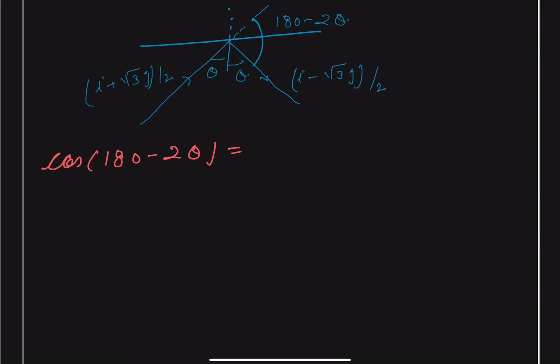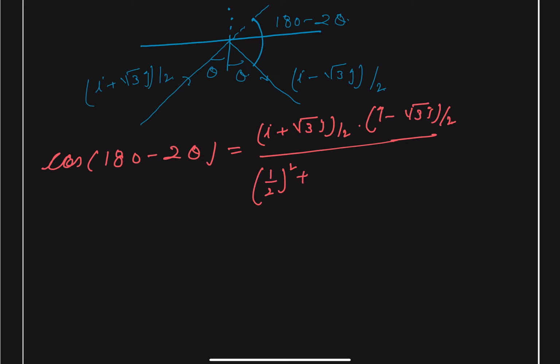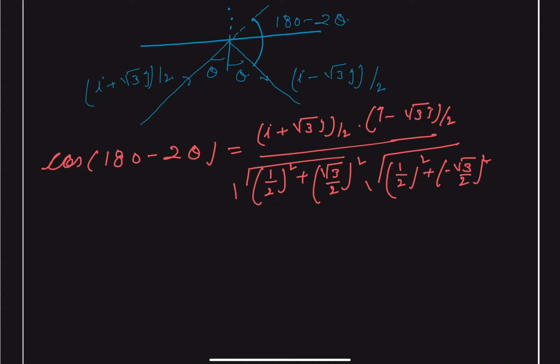In the numerator we have (i plus root 3 j)/2 dot (i minus root 3 j)/2, and in the denominator their magnitudes: square root of (1/2) squared plus (root 3/2) squared, and similarly for the other part, square root of (1/2) squared plus (minus root 3/2) squared.